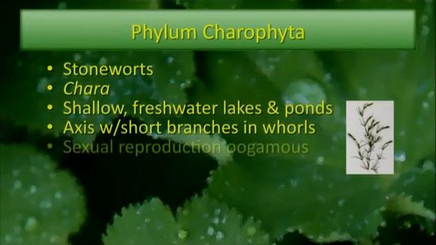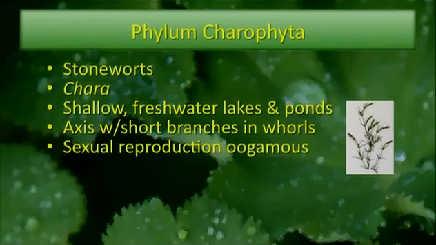Their sexual reproduction is oogamous. Remember what oogamy is? When you have a small motile male gamete and a larger stationary female gamete, right? That's oogamy, when the two gametes are different in appearance and motility.